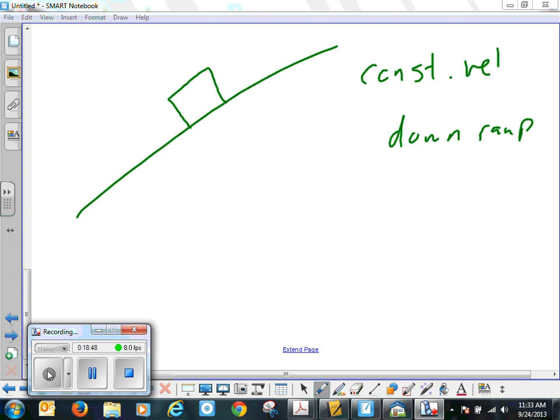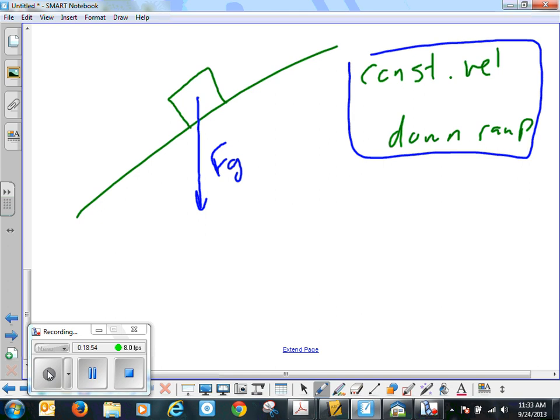So we know we always have the force of gravity, right? And it says constant velocity down the ramp, so there has to be friction that's equal in magnitude and opposite in direction to that part of gravity that's down the ramp when we draw a right triangle. That's the force of friction.